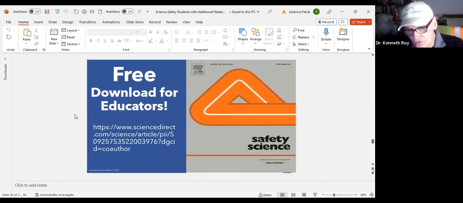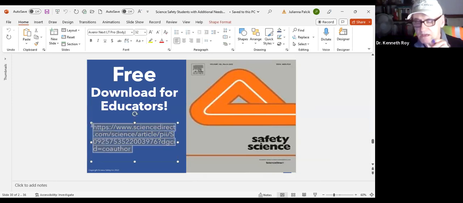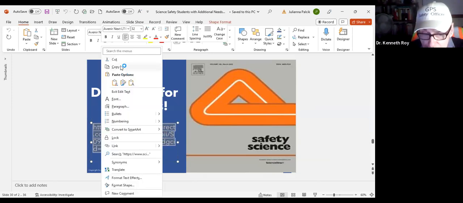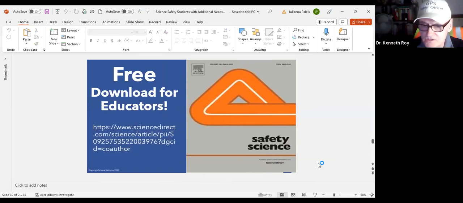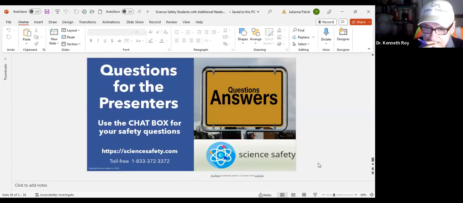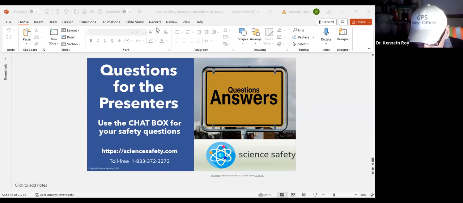The reason is that you are legally responsible for safety in that laboratory, not the administrator. Legally, you're the one that's responsible. So you've got to cover yourself.